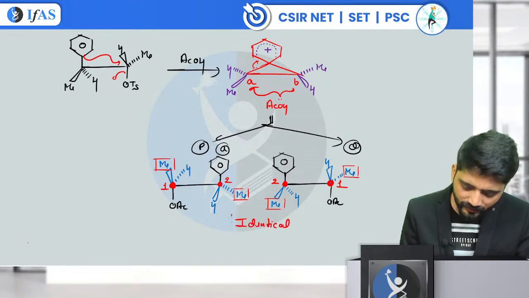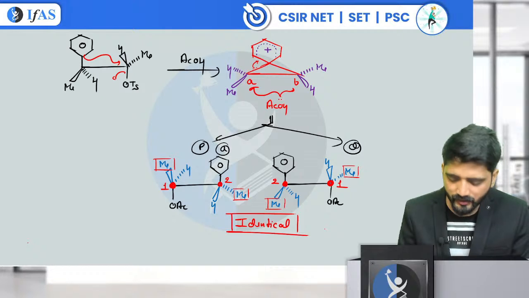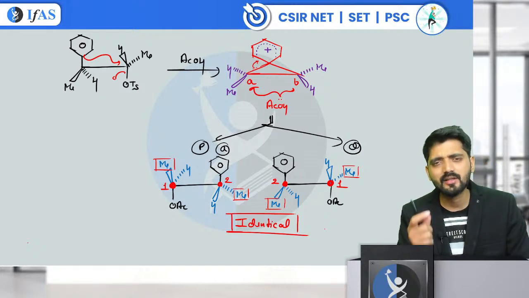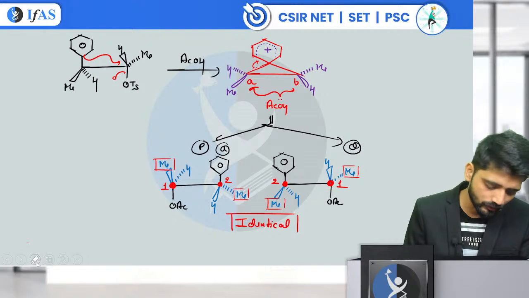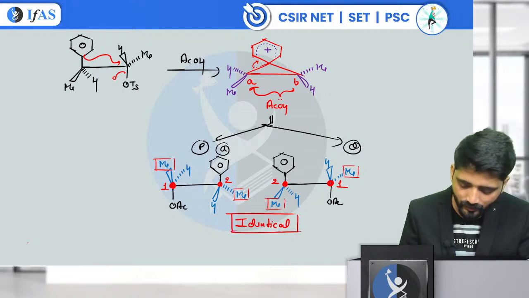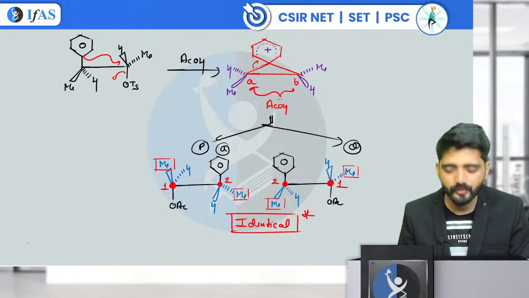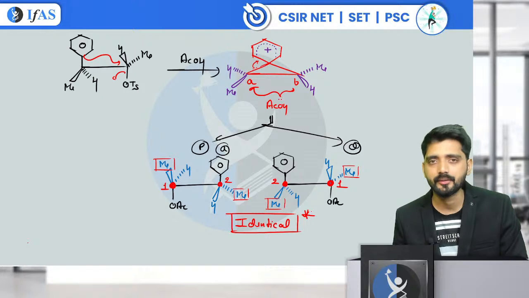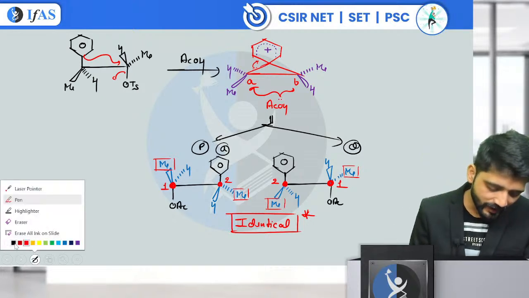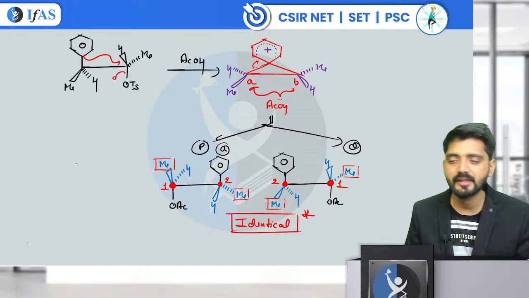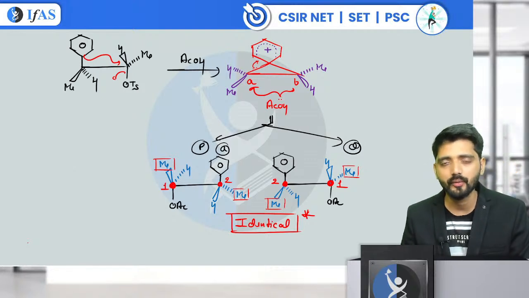If I change the stereochemistry in the starting material very slightly, just changing the methyl stereo, the product's relationship has also been changed. So these are going to be identical in nature. Now if I ask you whether the final solution is going to be optically active or inactive, what are you going to say?